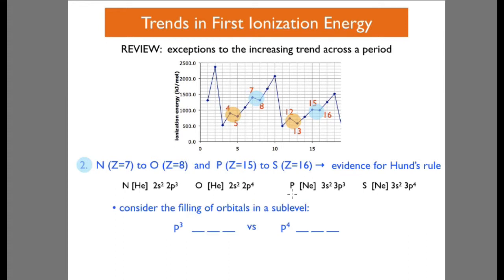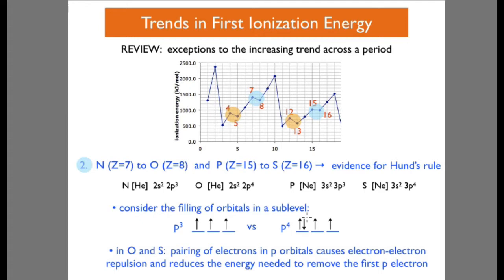If you consider filling the orbitals in a sublevel for nitrogen compared to oxygen, for example, you've got 3 electrons, each unpaired, whereas here you have a pairing of electrons.